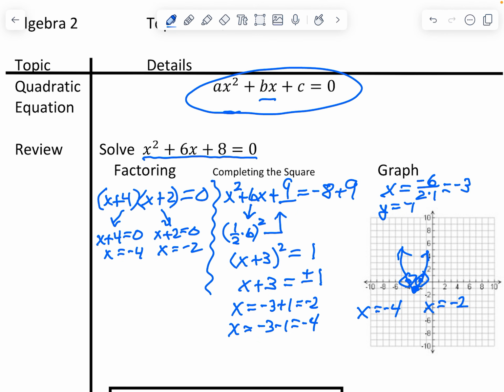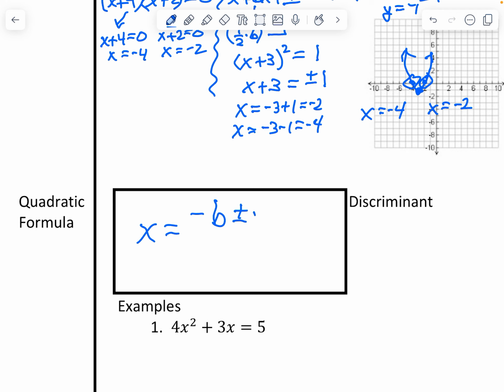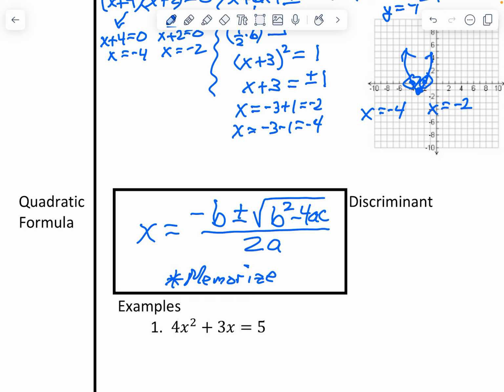To solve it, we use x equals the opposite of b plus or minus the square root of b squared minus 4ac all over 2a. You need to memorize this formula. This is something that we'll be using quite a bit for quite a while, so you want to make sure you get this formula memorized.